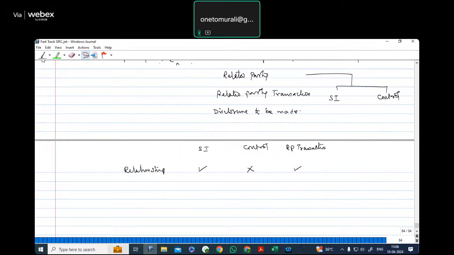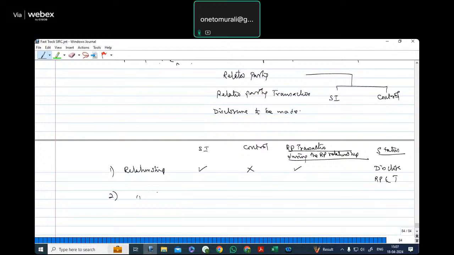I have a related party relationship under significant influence, but I do not have control, but I have a transaction during the related party relationship. So what is the status? The status is that we have to disclose the related party and the transaction. So this is combination one.